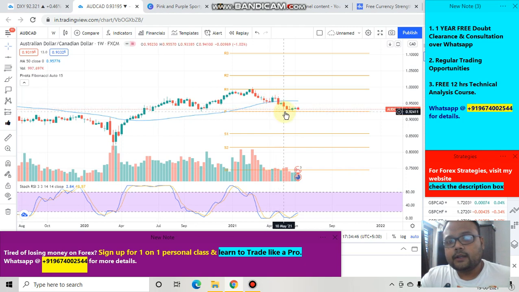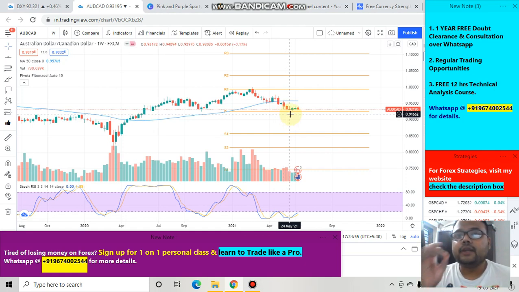Market took support at this price level. I have already explained in my videos. And then market tried to go up, but still the buying pressure is missing in the market. Still, Australian dollar does not have the strength to take the price upward, to give us a V formation so that we get the confirmation that yes, we can go for buying order. Still, the market is under the influence of sellers. That is the main point here.